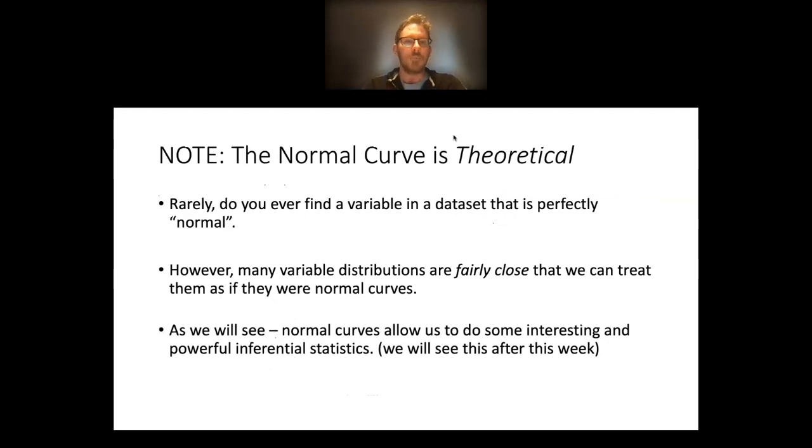Many variable distributions that we will see are fairly close to normal curves. They're close enough that we will be able to treat them as if they were normal curves. And they're going to be very powerful in inferential statistics when we do some sampling. Sampling requires a normal curve, and we'll see how the theories behind sampling actually produce a normal curve.